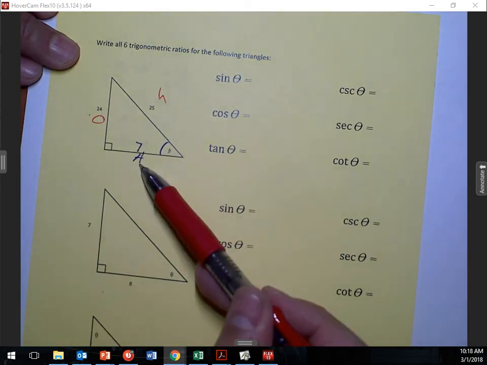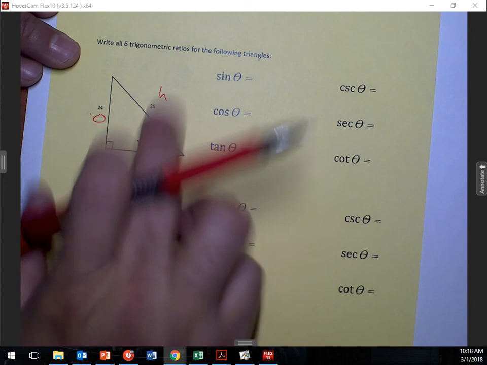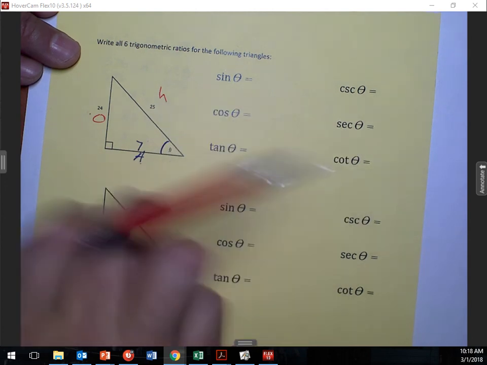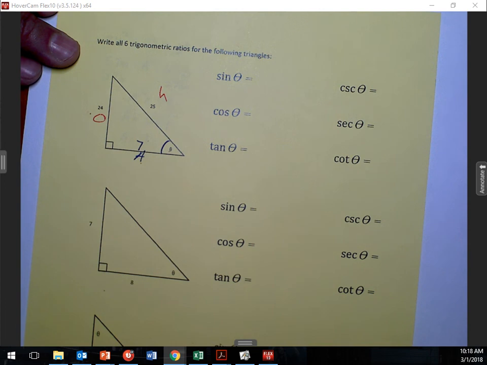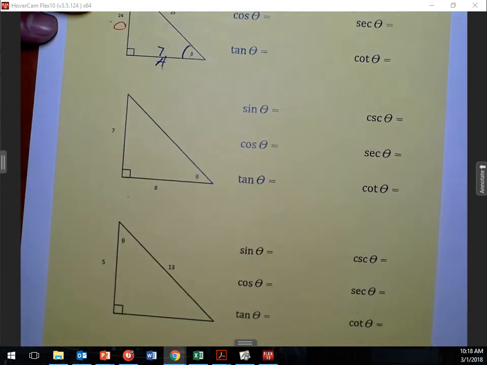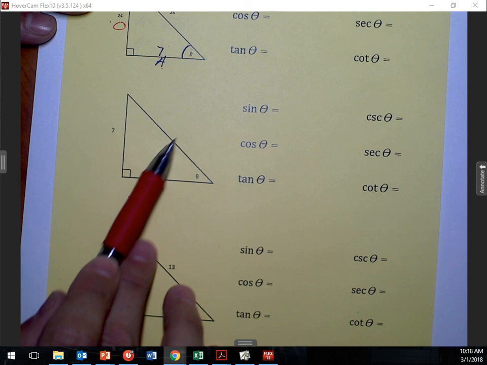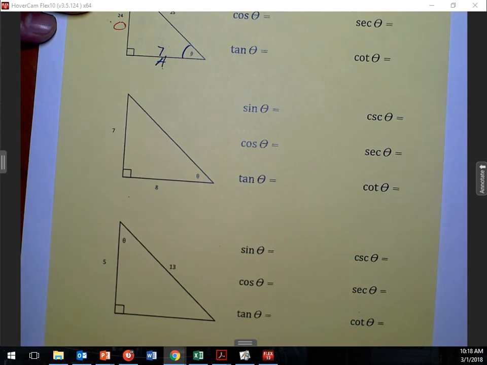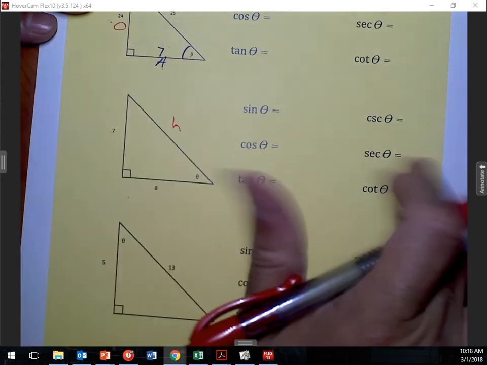And this one is adjacent, and we already have a value for it, that's why I labeled it. Now I have all my values, and all I have to do is fill in. Which one is missing on this one? Hypotenuse. So that's going to be my H. I'm going to solve for that and then fill in my numbers.